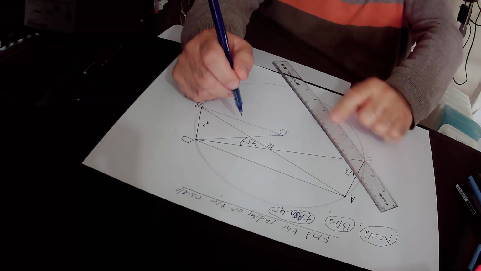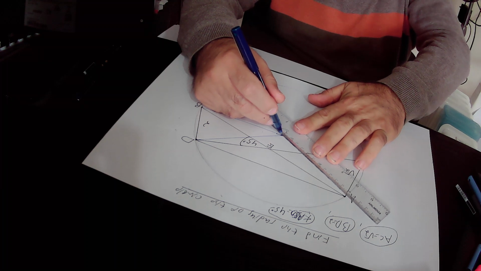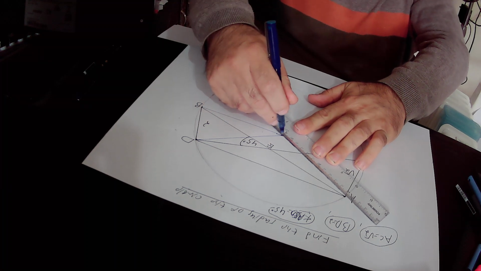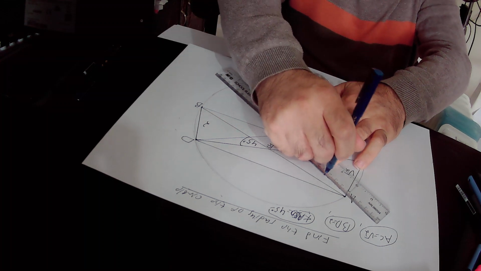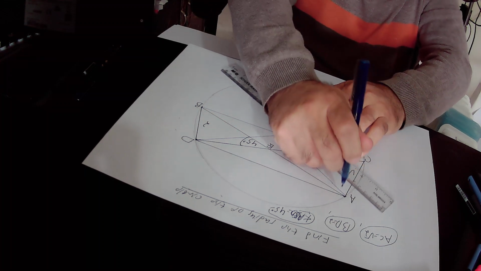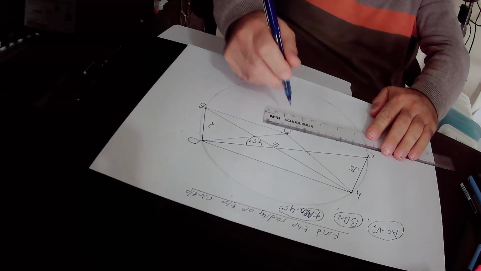We join points O and A together by a straight line. And finally, we join points O and C together by a straight line.